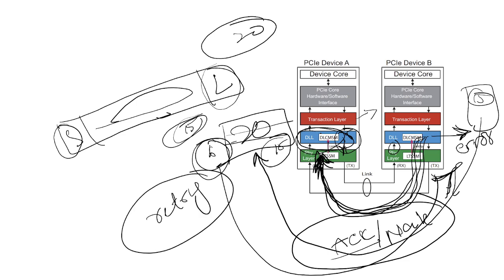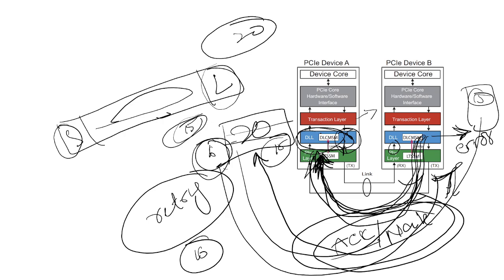You sent data, due to some issue it got corrupted. The data link layer will take care: the receiver tells the transmitter, I got a NAK with sequence number 16. So it will send again from the 16th. By using this NAK, you know whether you received a good packet or not. So the data link layer will send that packet again from the transmitter to the receiver. This is what we call the retry mechanism.